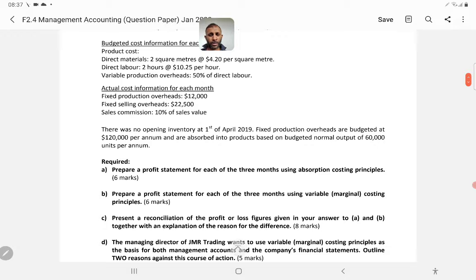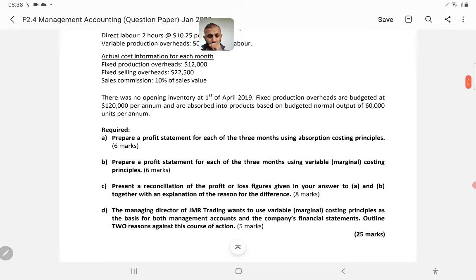Prepare a reconciliation of the profit or loss figures given in your answer together with an explanation of the reasons for the differences. The managing director of JMR Trading wants to use variable costing principles as the basis for both management accounts and the company's financial statements. Outline 2 reasons against this course of action.